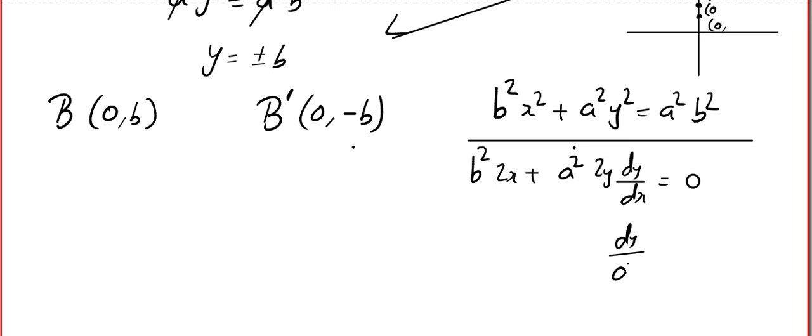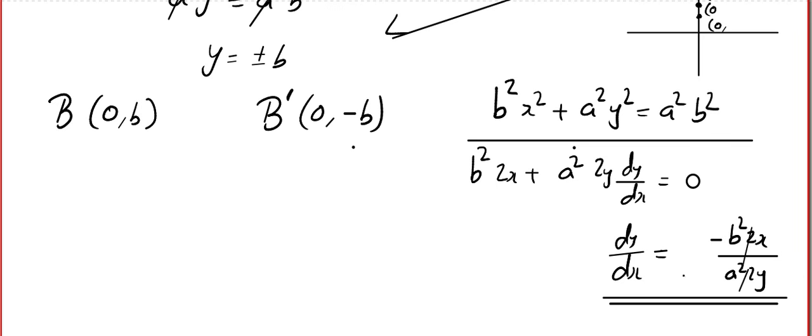So dy by dx will be minus b square into 2x by a square into 2y, so that gives you this. Now we will find that later. So let's write y1 is equal to minus b square by a square x divided by y.